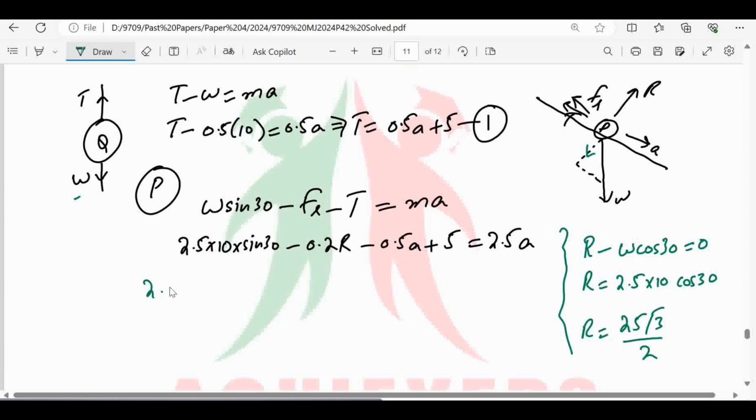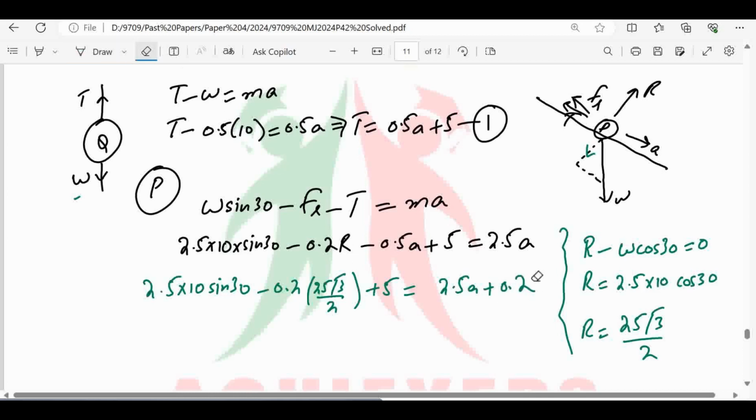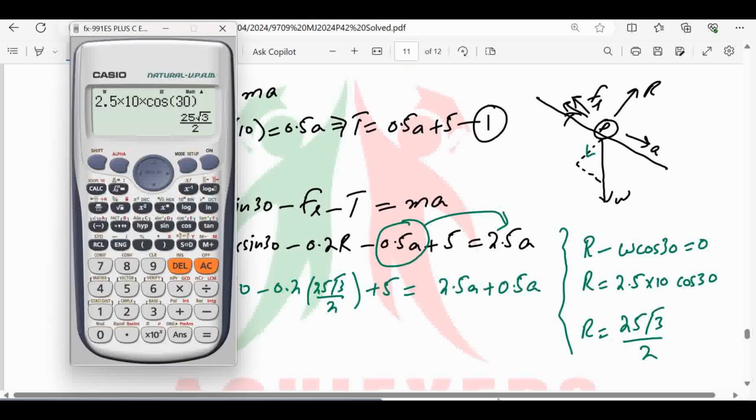This will be 2.5 into 10 sine of 30, minus 0.2 into 25 into square root of 3 by 2, plus 5, is equal to 2.5A plus 0.5A. I have shifted this term to the other side. So now we can simplify it and easily find the value of A.